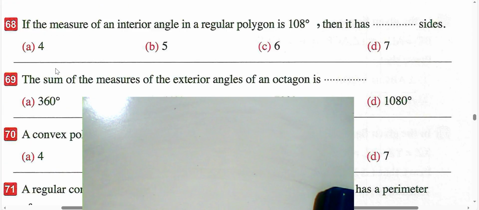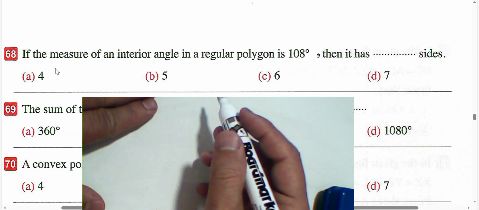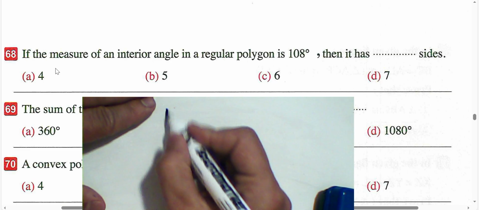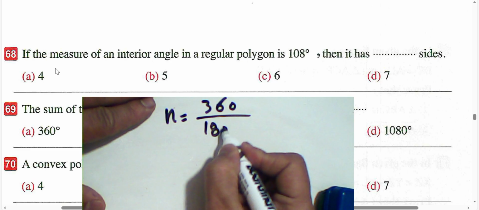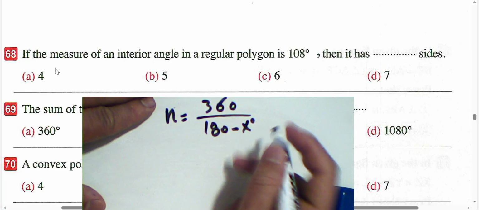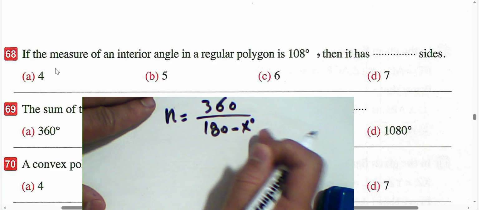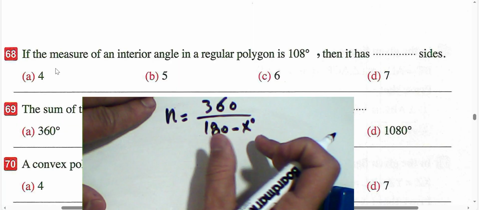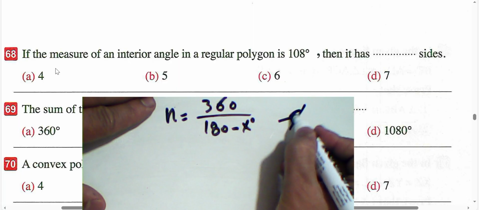Next question. The measure of the interior angle in a regular polygon is 108. Then for its number of sides, we can use this rule: 360 over (180 minus x degrees). X degrees here refers to the measure of the interior angle in the polygon, where this polygon is regular. To find the outside angles, we have the interior angle and this exterior angle.